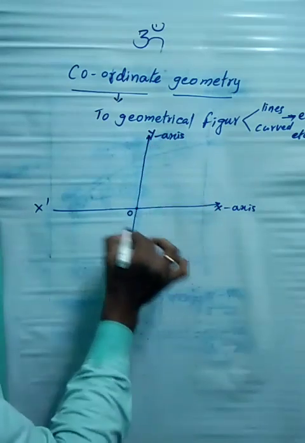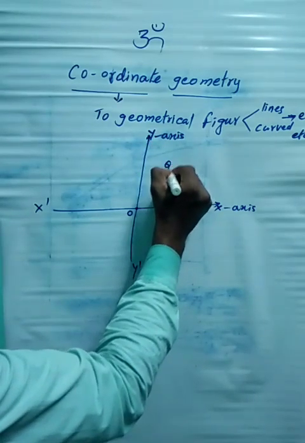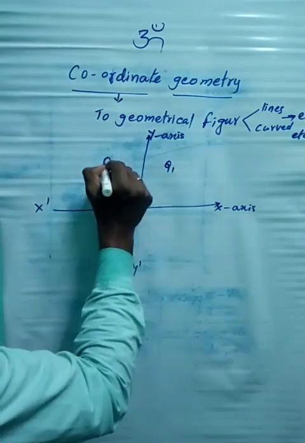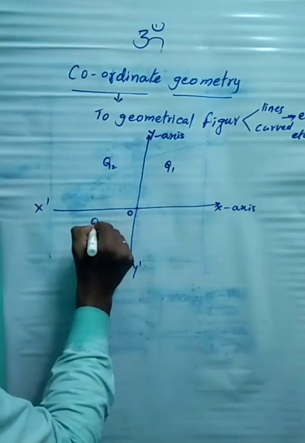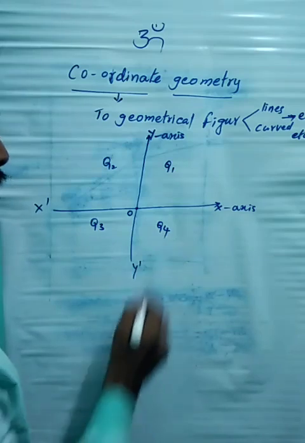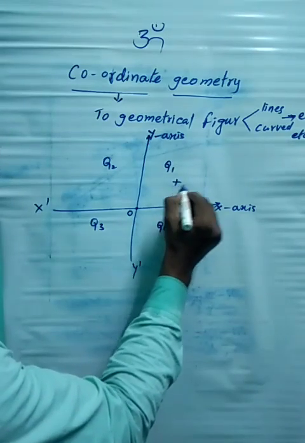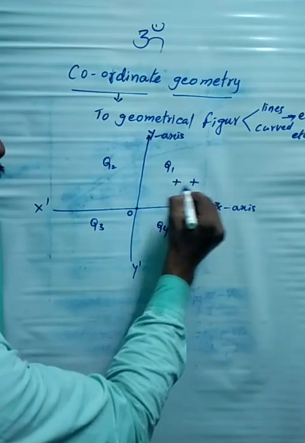Here, the two perpendicular axes divide the plane into four quadrants. It is quadrant 1, quadrant 2, quadrant 3 and quadrant 4. In quadrant 1, the x-axis value is positive and the y-axis value is also positive.